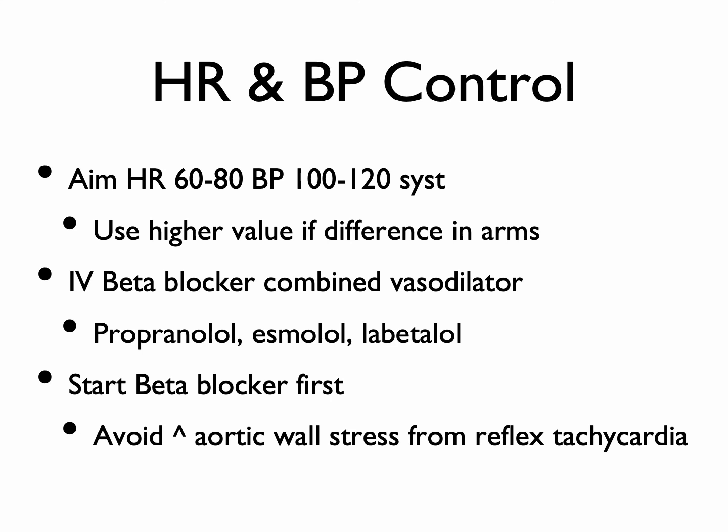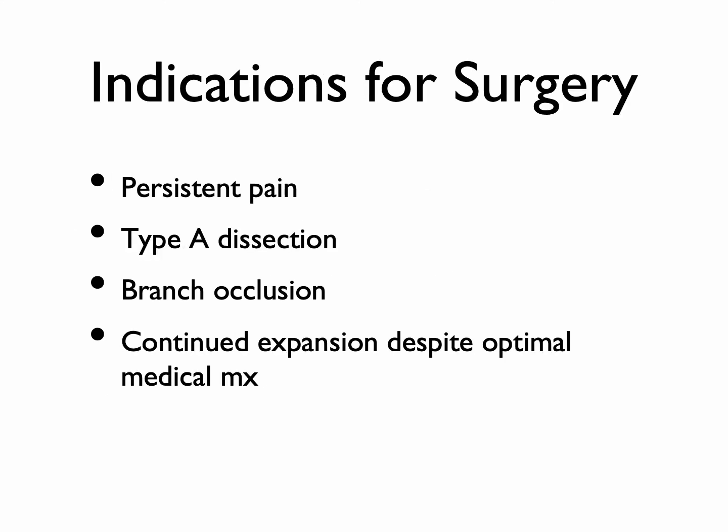If we need a vasodilator on top of that, we can use something like GTN. But we want to start the beta blocker first, because that will slow down their heart rate, and they can get reflex tachycardia from vasodilators, which can cause further aortic wall stress and worsen that dissection. So you start your beta blocker first.